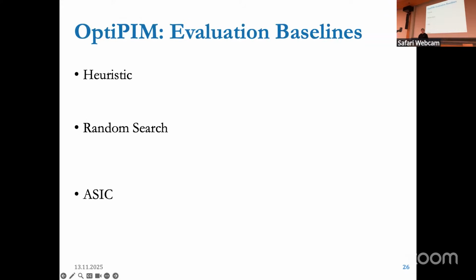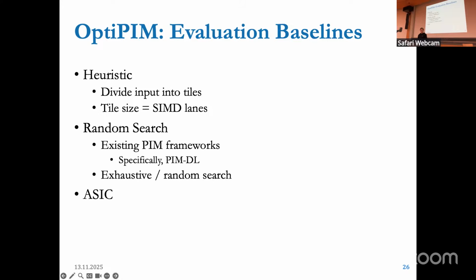For the baselines that the authors use to compare OptiPIM against, we have 3 different baselines. One of them is the heuristic baseline, which uses some heuristic and, based on it, divides the input into tiles. The tile size can, for example, be the number of lanes that we have in every PIM unit. Another one uses random search.